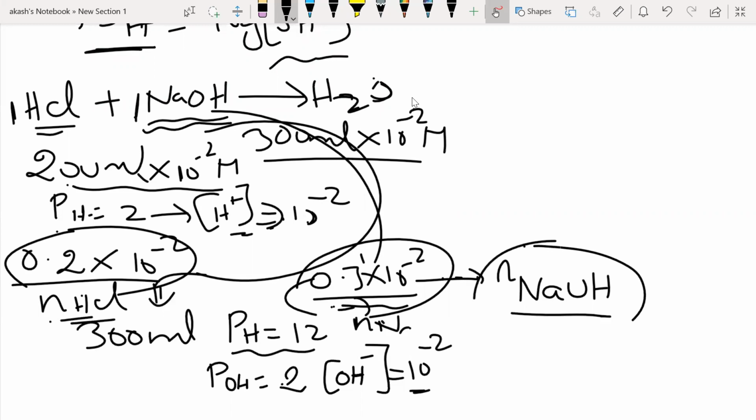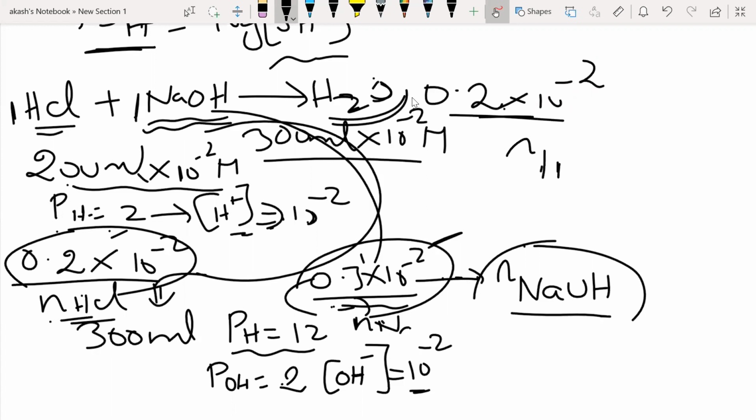Now tell me, 0.2 H plus, this much H plus and this much OH minus will give me this much water. The number of moles of water which would have been formed here would have been 0.2 into 10 to the power minus 2, because 1 mole of this, 1 mole of this will give 1 mole of this.